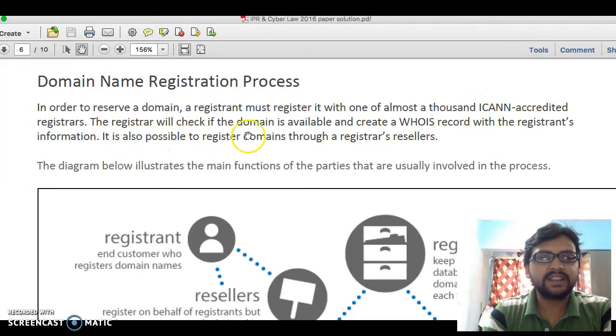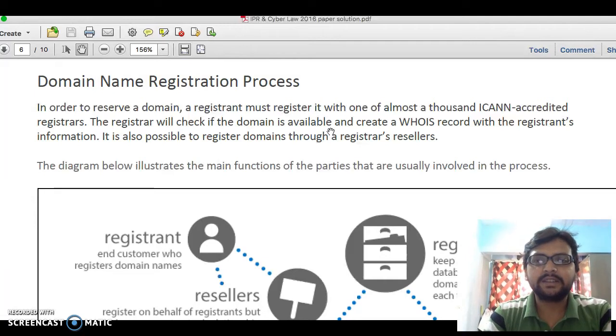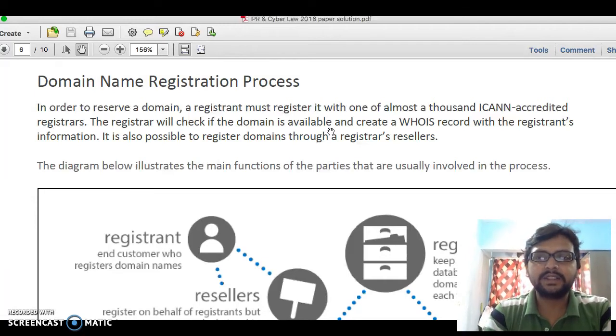The registrar will check whether the domain name is available. For example, if we sign up with Gmail or Yahoo or Rocketmail or any other email service, we ask for an email ID which we find better for us. If that email ID is not available, they will suggest a new one. How do they find whether that email ID is available or not?